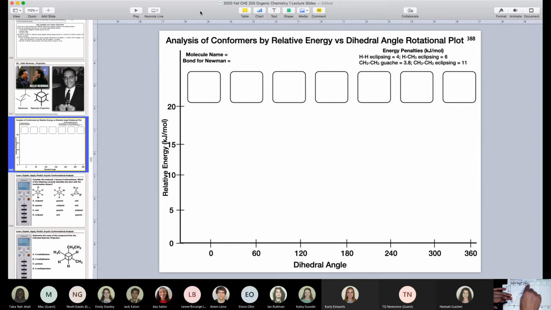Because you only have the same energy penalty no matter what you do, this curve is just like a sine curve, right? Is that clear? So Carly says kind of.